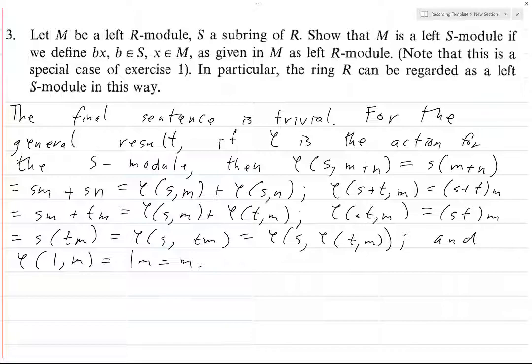You're really just restricting the module to a subring, and it all works out. And of course, that's what it means for the ring R to be regarded as a left S module, because, more clearly, you just let M be R, and then everything works out.